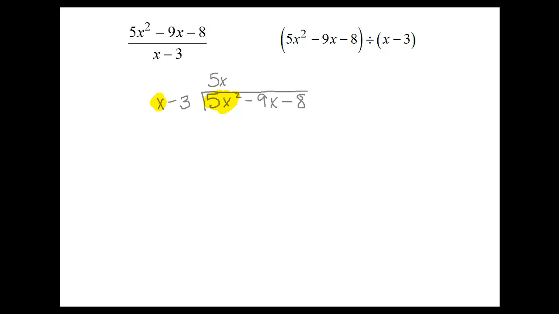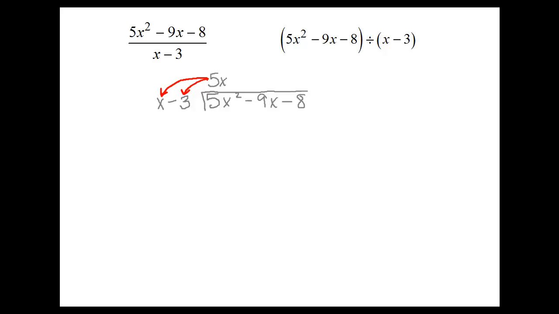Once I've used those terms to help me decide what to write up above, I'm going to erase my little highlighting here. Then I'm going to take this 5x that I have up here. This is part of my quotient, and I'm going to distribute that through, or multiply that down, times each of the terms that's outside the division symbol.